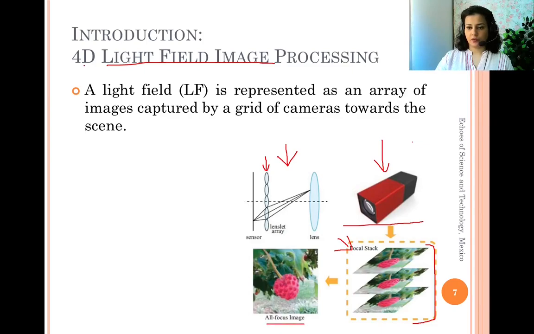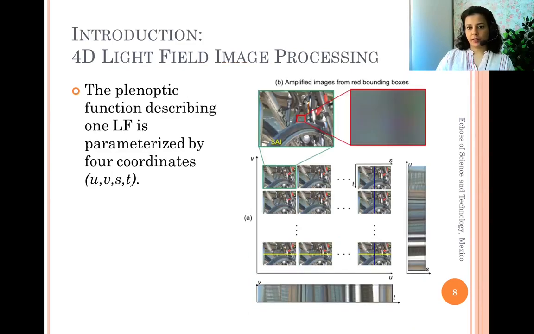The reason for the popularity of 4D light field images is that we can change the focus in each subview even after the image is captured. We can represent a 4D light field image mathematically using the plenoptic function that is parameterized by four coordinates u, v, s, and t.